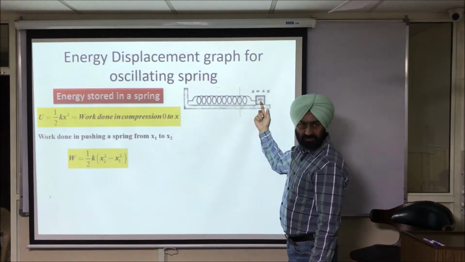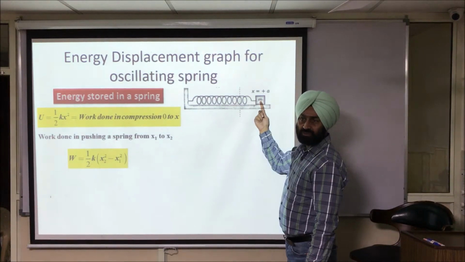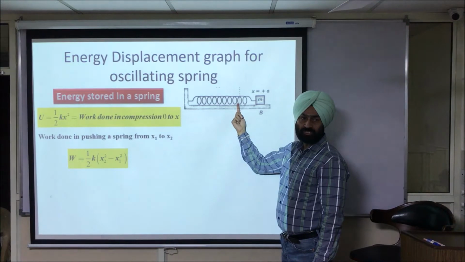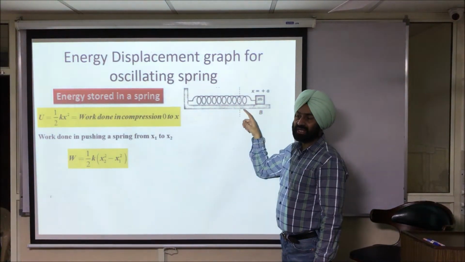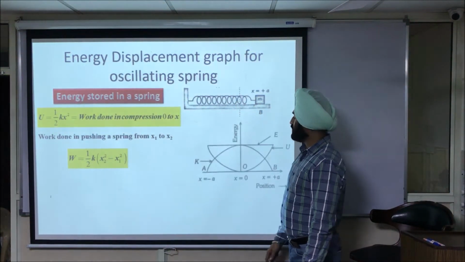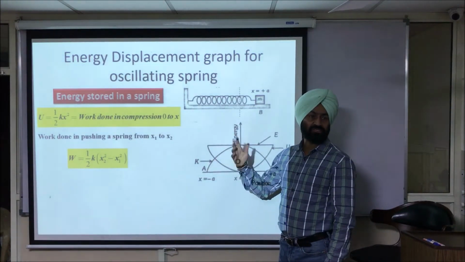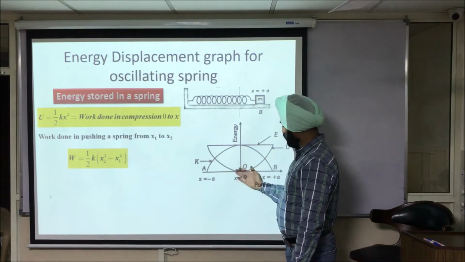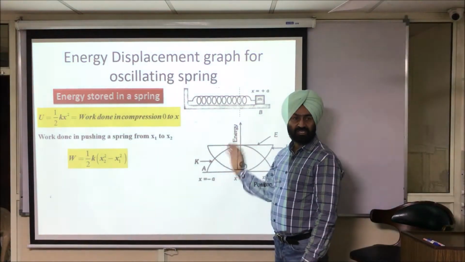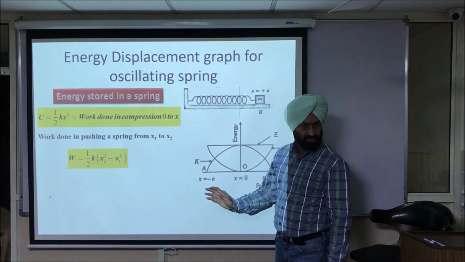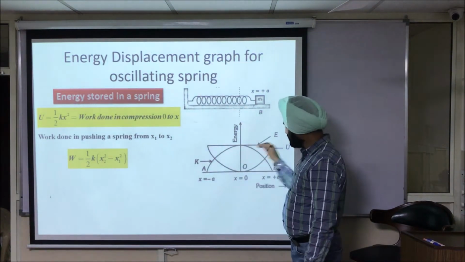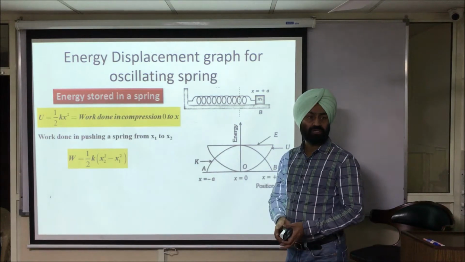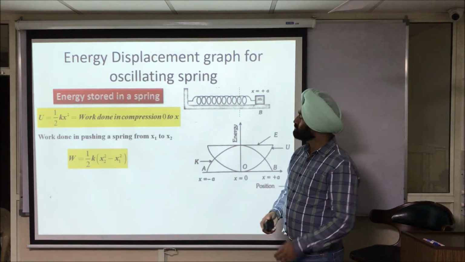Here potential energy is maximum and kinetic is 0, and at the mean position no energy is stored in the spring, all the energy changes to kinetic, half mv square. But total energy would always remain the same. That means along with displacement, both positive and negative, kinetic energy would change, potential energy would change, but total energy remains constant. So these two graphs you already had in your chapter on simple harmonic motion.